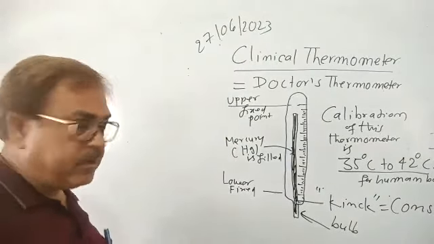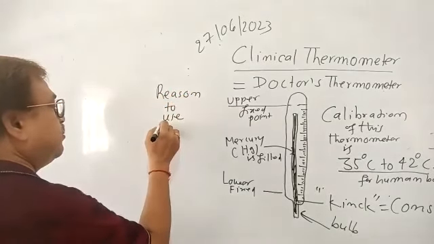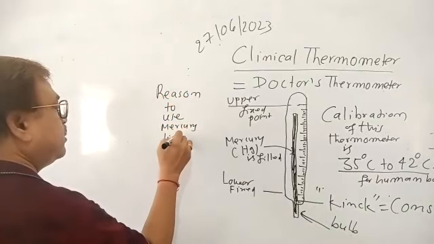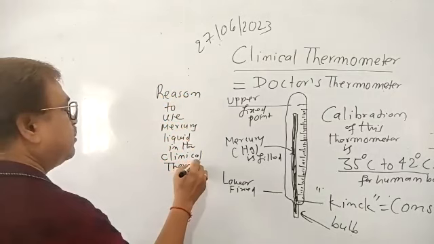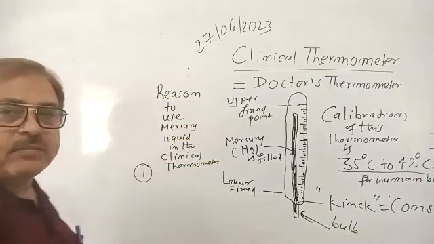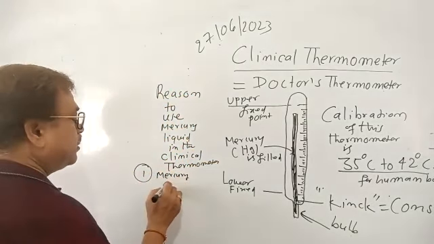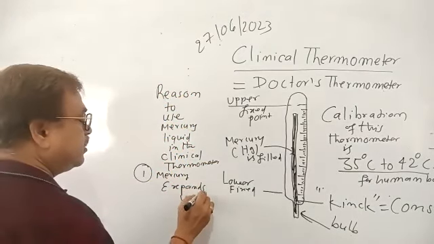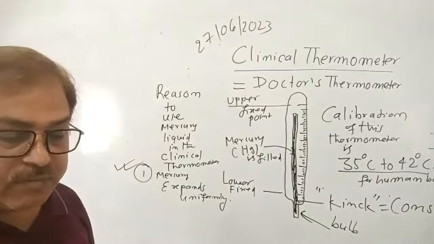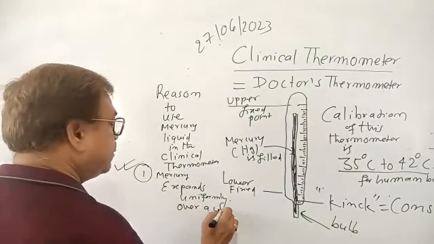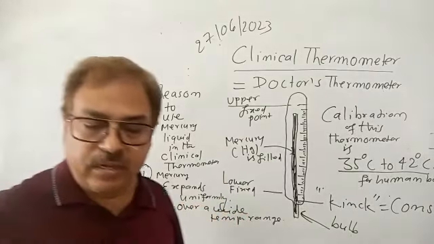Number one, the reason for the use of mercury in the clinical thermometer: mercury expands uniformly over a wide temperature range. So the first reason is the uniform expansion of the mercury.